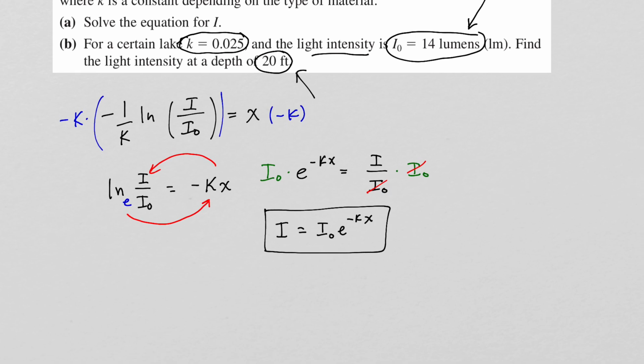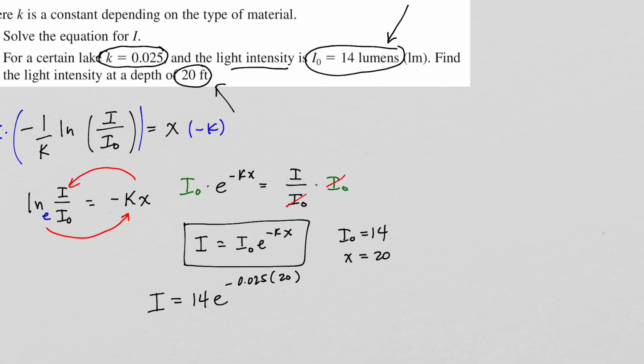So all we have to do for this is plug everything in. The intensity I is going to be I naught, that's the original intensity, which is 14. So 14 multiplied by e to the power -k, which is -0.025 times x, and in this case, x is 20 because it's 20 feet.